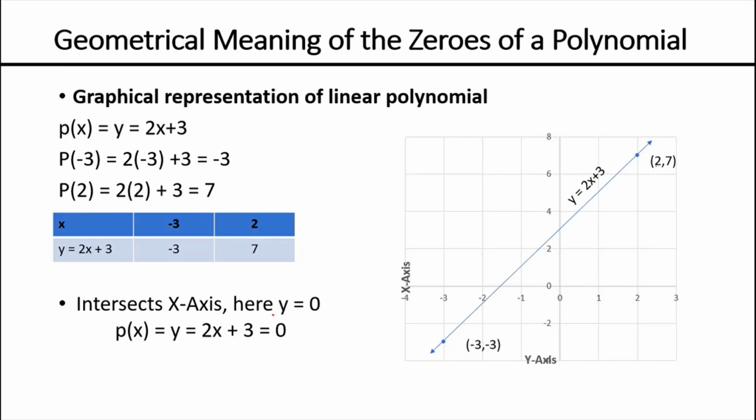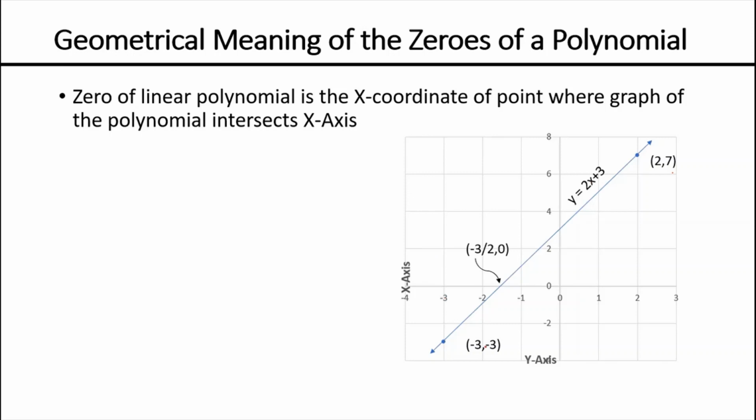Since at the zero of the polynomial y = 0, we replace this in the polynomial in order to get the value of x. Hence 2x + 3 = 0. By rearranging the terms, we get x = -3/2. We can see that this is the intersection point of this line and the x-axis, and it is represented by (-3/2, 0).